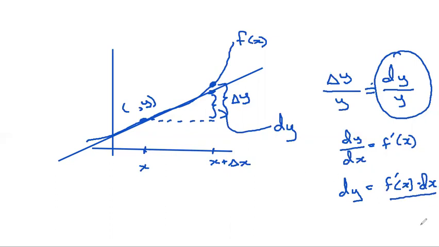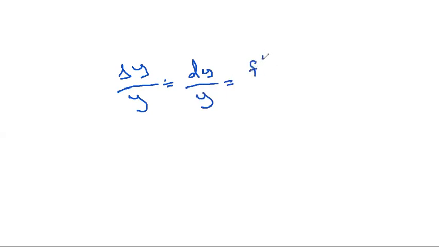So let me go to the other board. Here's where we're going to end off. We would like to find this relative error, and we can approximate that with dy compared to y, and that is equal to the derivative times dx all over y.